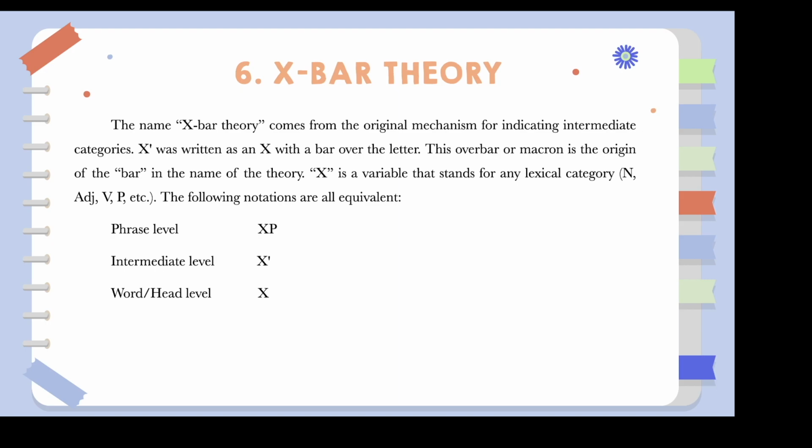So the structure is organized like this. First, we have the phrase level, XP. If it is a noun phrase, we have NP. Lower than that, we have N-bar, and then we have just N.